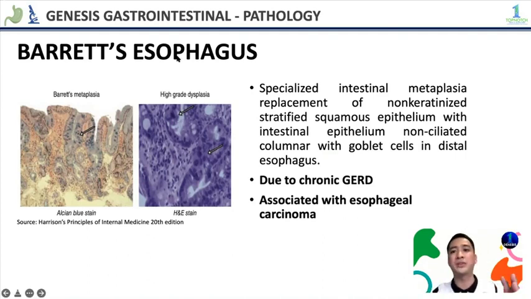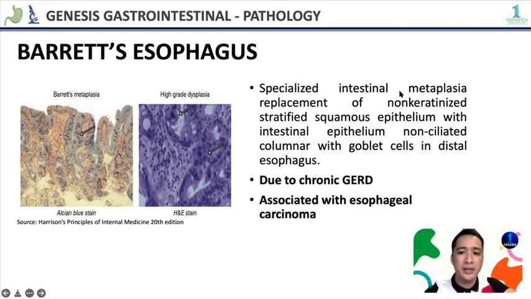With Barrett's esophagus, because of chronic reflux, one of the predisposing factors, the lower third of the esophagus takes on the histological feature of the stomach, becoming intestinal type. There will be intestinal metaplasia.